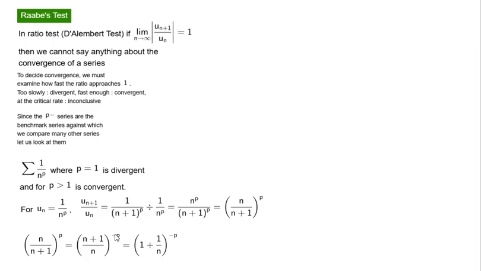That way, we are taking the reciprocal twice, which changes its form, but the meaning remains the same. So that becomes 1 plus 1 by n to the power of minus p. Now we expand it, which gives us 1 minus p by n plus the big O, that is the rest of the terms of the expansion. Remember, this is nothing but u sub n plus 1 by u sub n equal to 1 minus p by n plus the big O.